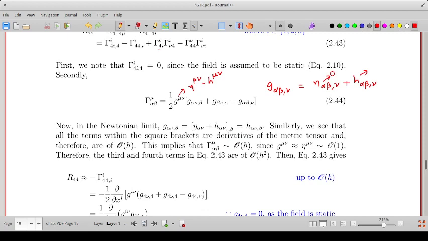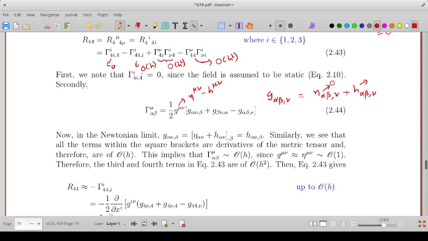Now we see that this is already 0. Now this is the derivative of gamma, so this is of the order of h. Each of these terms gamma are of the order of h, and therefore this term is of the order of h square, and this term is also of the order of h square. So the third and fourth terms are of the order of h square, and only the second term is of the order of h. First term is already 0.